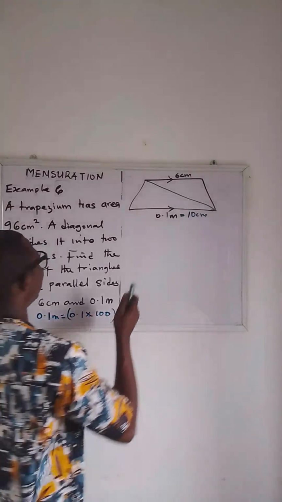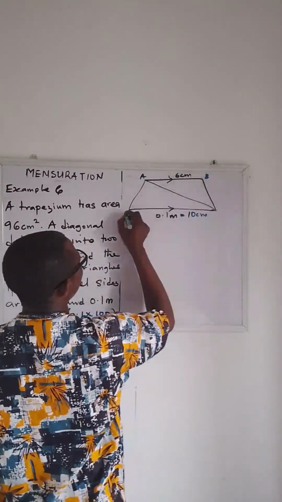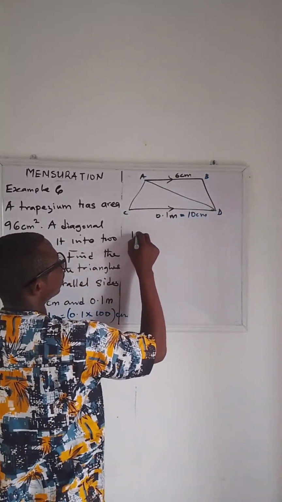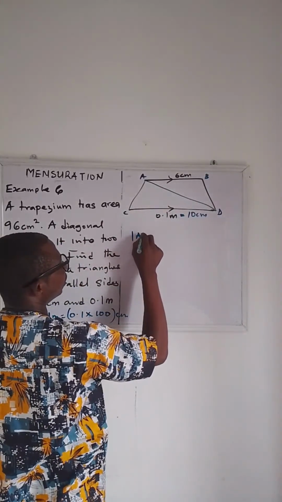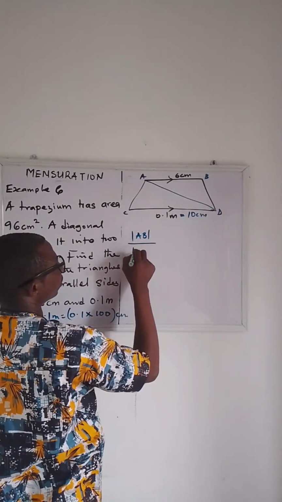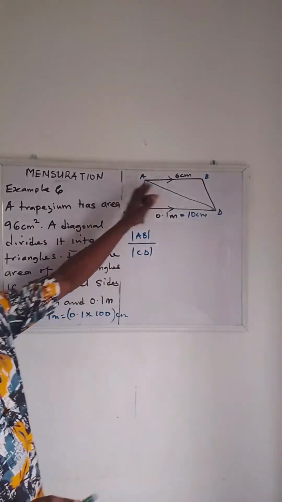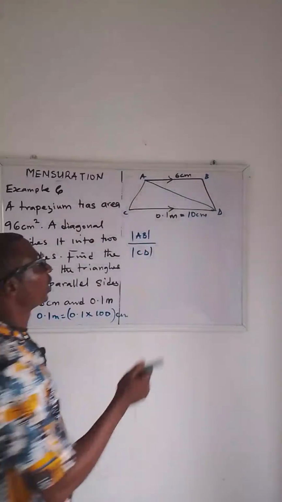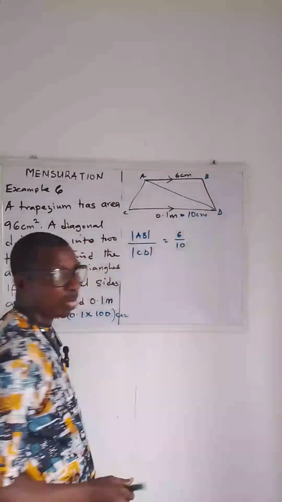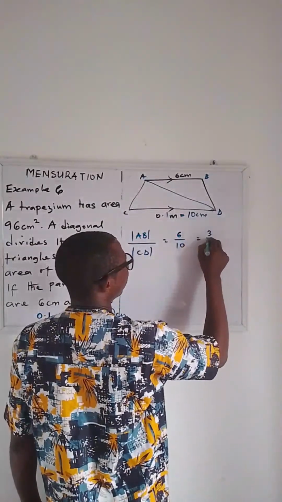Let's call this A, B, C, and D. The ratio of AB to CD is equal to 6/10, and that is the same thing as 3/5.